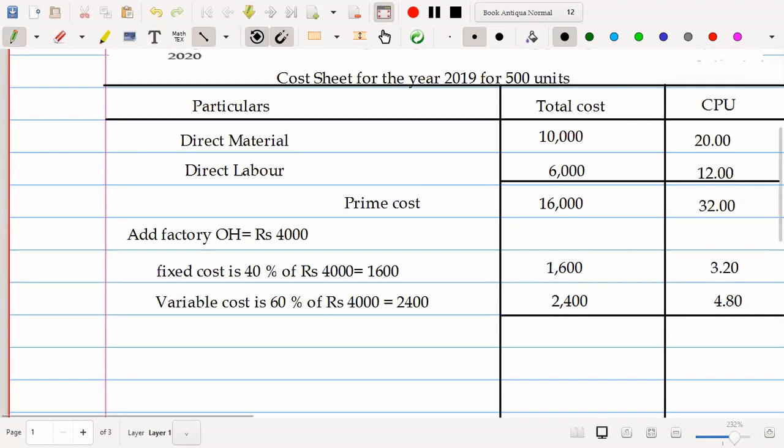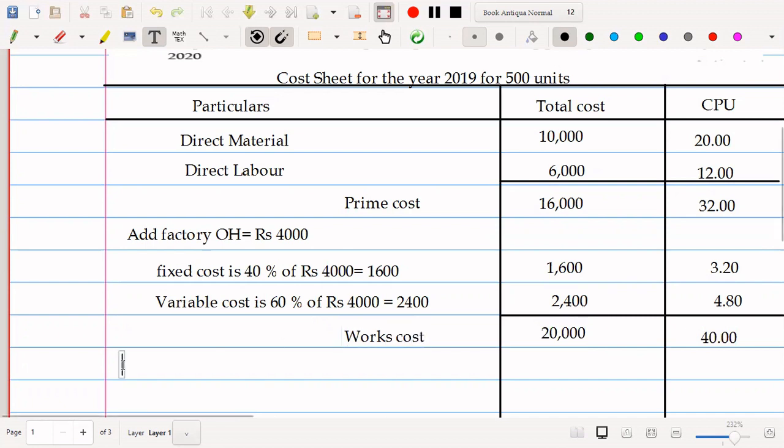If you feel it easy, you can do like this also. Let's see the total of this: 16,000, 1,600 and 2,400. When we total it, it comes to 20,000 and this comes to rupees 40. And what is this now? This is works cost, or factory cost.